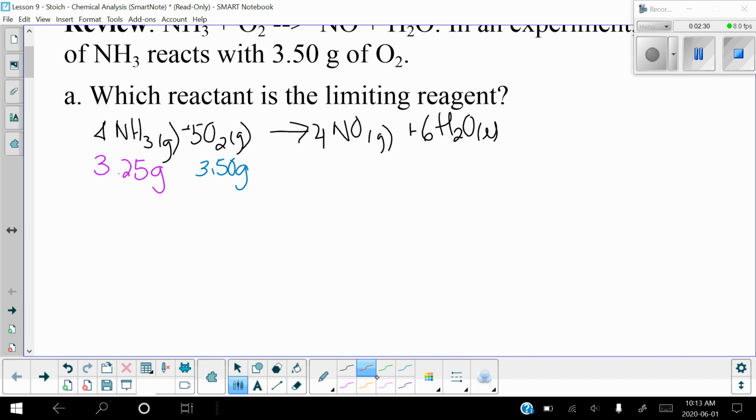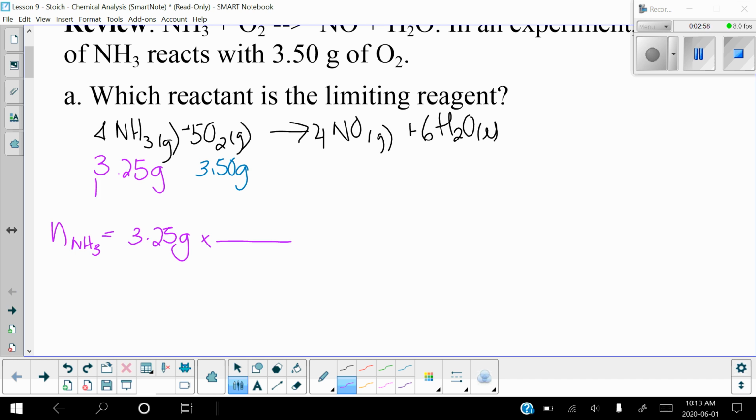So I'm going to start off with ammonia in the pink. Start off with 3.25 grams. We need to convert it into moles, so I'm going to use molar mass.